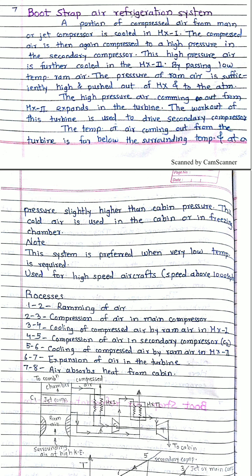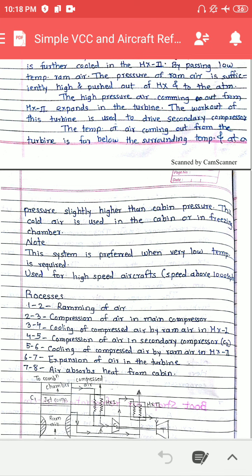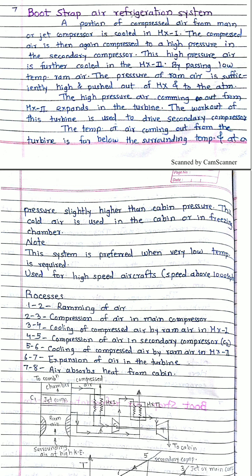So in heat exchanger 1, heat exchange takes place between the hot compressed air and the low temperature bypassed air, due to which the temperature of the compressed air is reduced. Now again that moderate temperature compressed air passes to the secondary compressor.